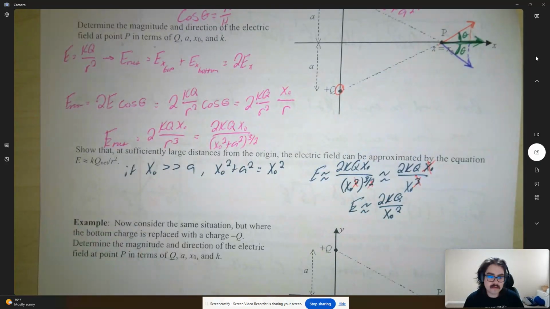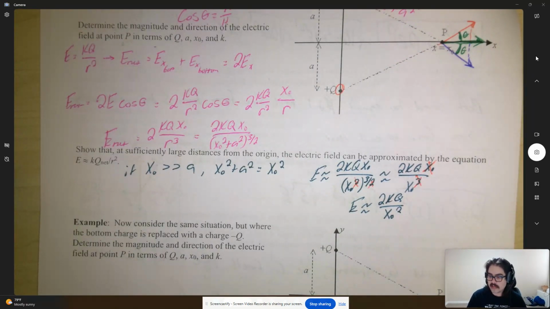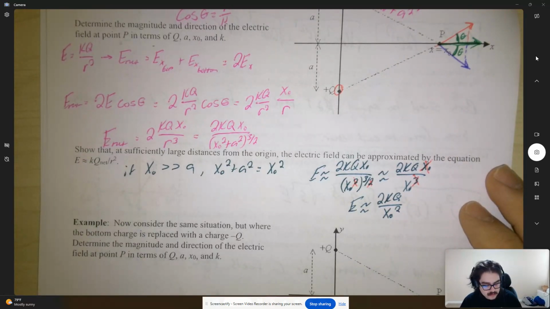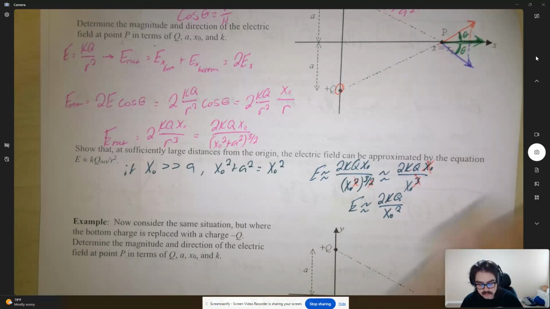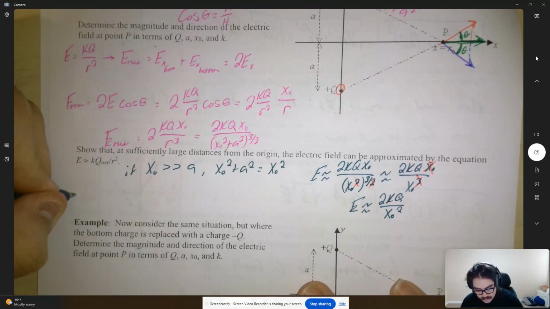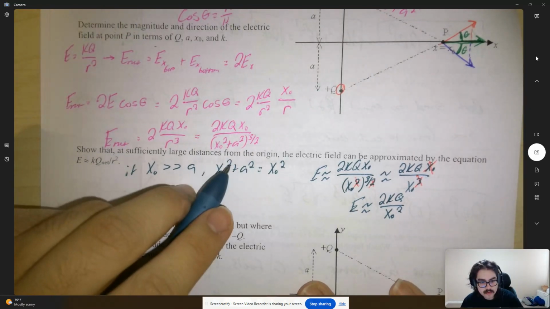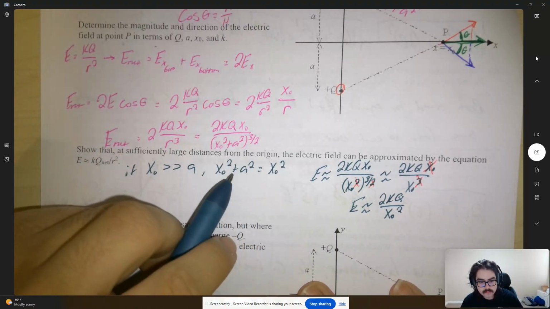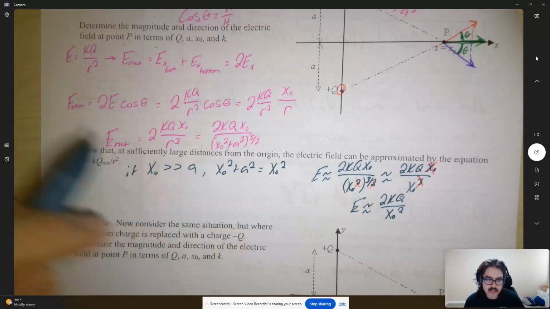Now, here's the thing, okay? I do need to prove to you that this is actually the same form as that, okay? The two major things here are this: if I've said that x naught squared plus a squared is equal to x naught squared, then the square root of x naught squared is just x naught, right?